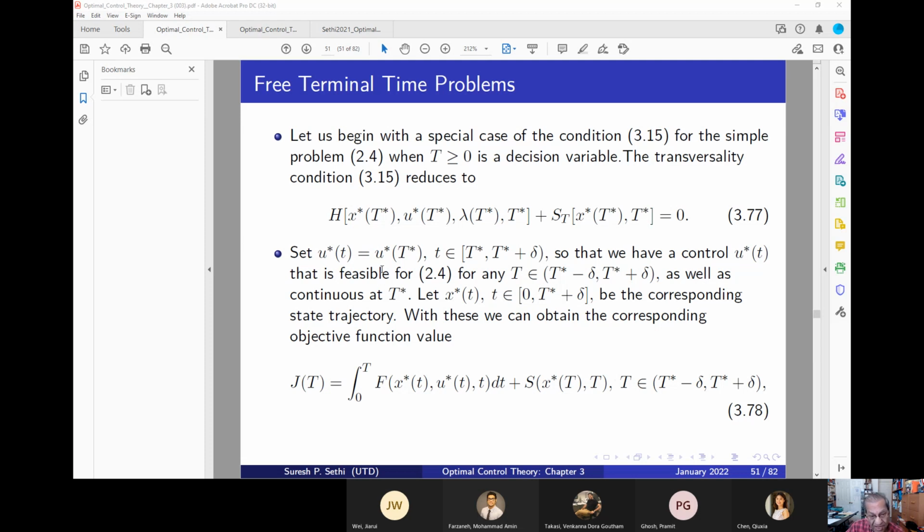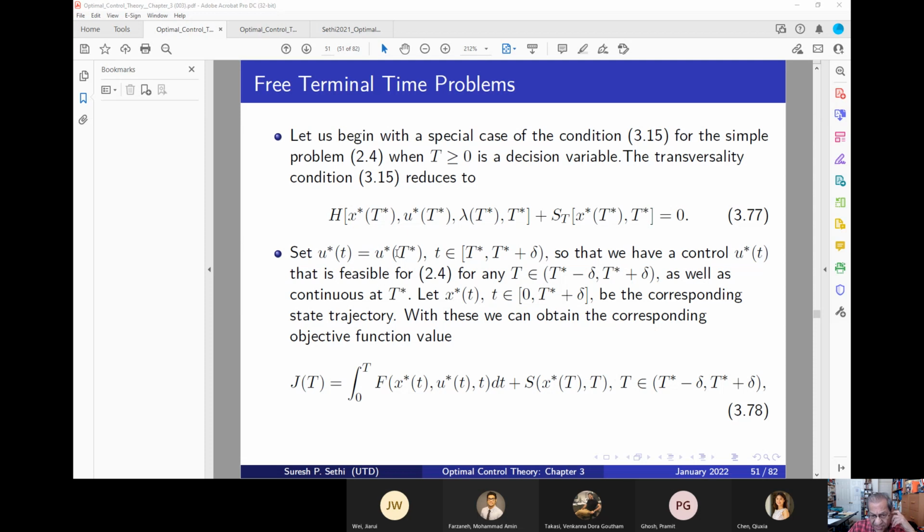So what I'm going to do, I'm going to say, let U star T be exactly what it was at T star and keep it constant from T star to T star plus delta. Because in order for me to compute J, I need a control all the way to T star plus delta or T star minus delta, depending on which T I take in this interval.